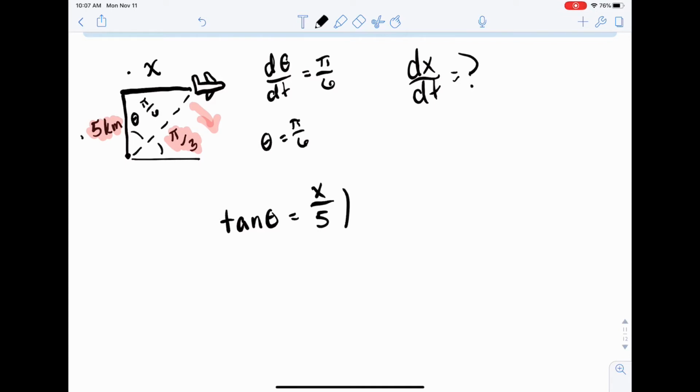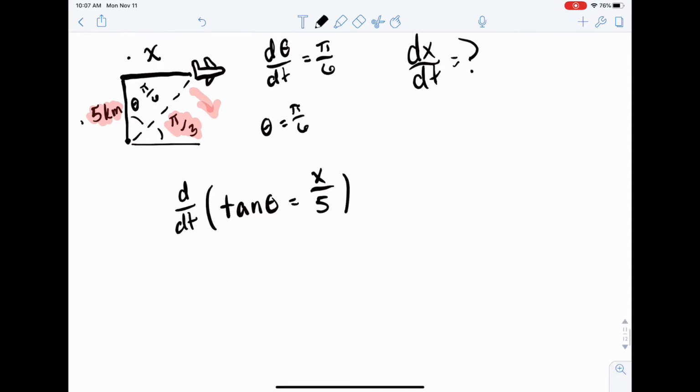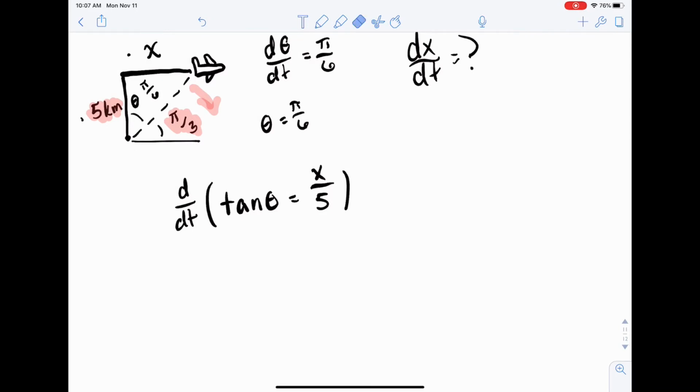So let's go ahead and take the derivative of that with respect to time. So d dt of that should be equal to secant squared theta, which is the derivative of tangent, but since it's with respect to time, we have to use the chain rule on that. So d theta dt, we multiply that. It's equal to dx dt, because we're taking the derivative of x with respect to time, over 5.